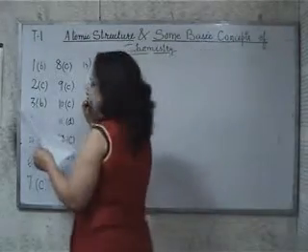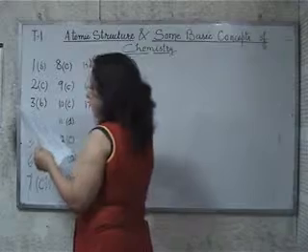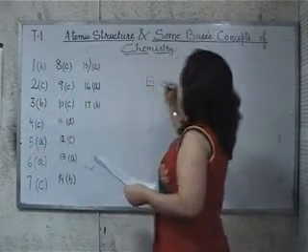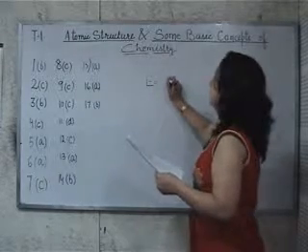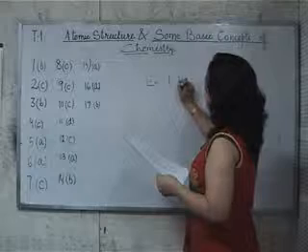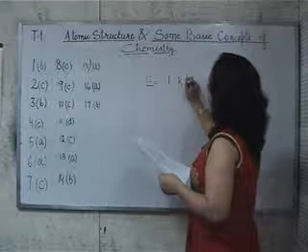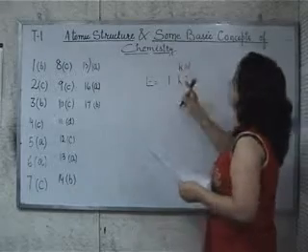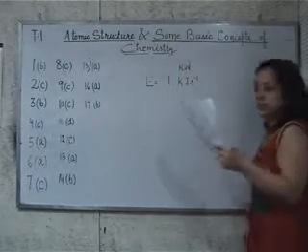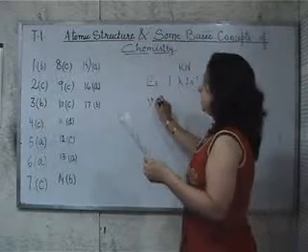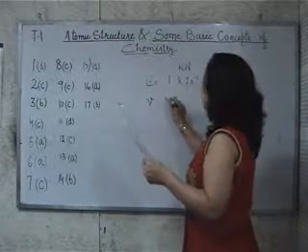Option is B, beta. 1 kilowatt means joule per second. So we can say 1 kilojoule per second. Frequency nu is given to you as 880 hertz.